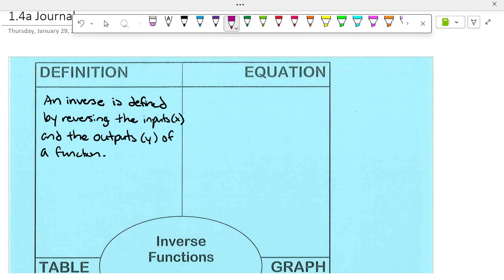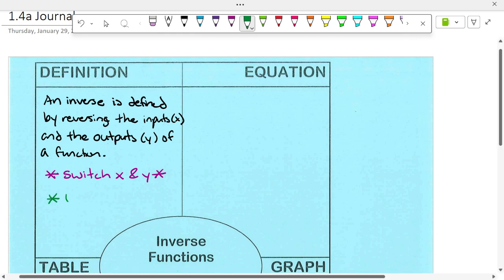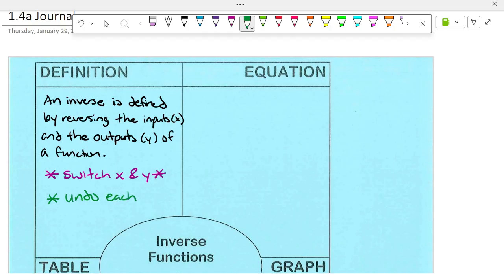So just some things to note about that. Biggest thing, switch x and y. And just know that inverses undo each other. So if a function is an inverse of another function, they will literally undo each other, which we saw yesterday when we started doing all those evaluations. You guys remember when we had those two functions and we plugged in different x and y values and they ended up undoing each other?